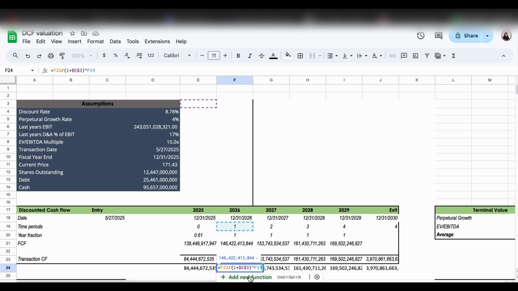So it should be D4. This one, and let me take this pressing function F4 key so that this field is not moving anywhere.